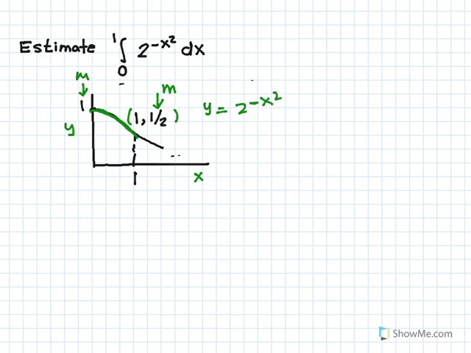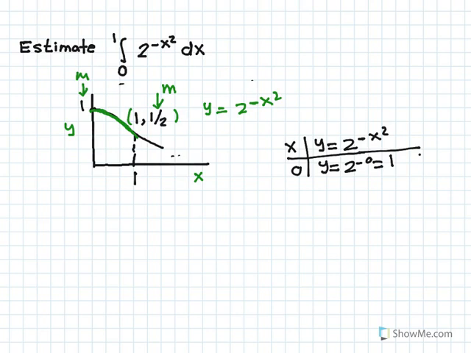All right, so now let's show some of the computations. y is equal to 2 to the minus x squared. When x is 0, y is 2 to the minus 0, which is equal to 1. This is going to be the absolute maximum.